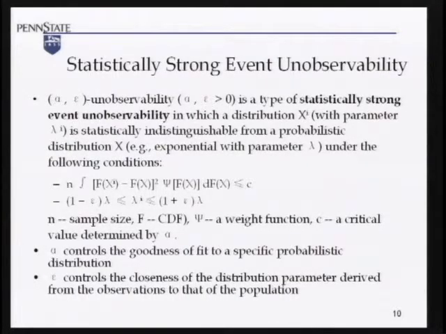In our example, we use an exponential distribution. We use two parameters: alpha to control the goodness of fit of the test to this specific distribution, and epsilon to control the closeness of the parameter to that from the data of the population.